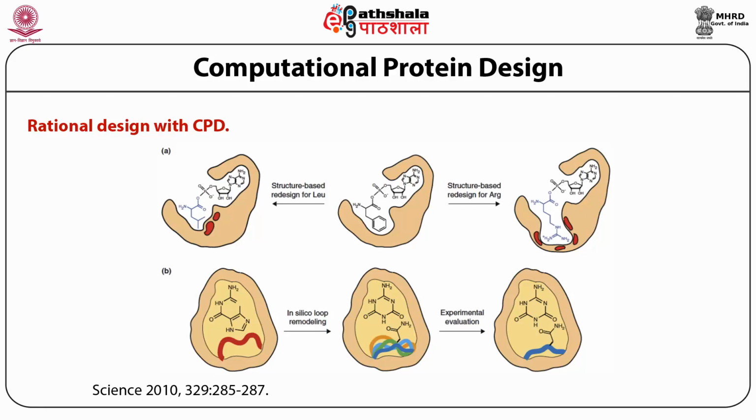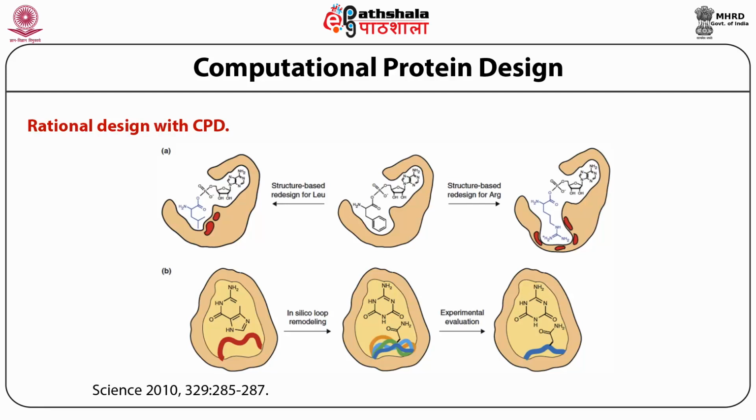According to whatever target you mention, you decide and put in mutations to accommodate these particular amino acids. So you can see the red marks, that means in that area you will change the amino acid mutations and you can optimize this protein to be an arginine or leucine side chain.